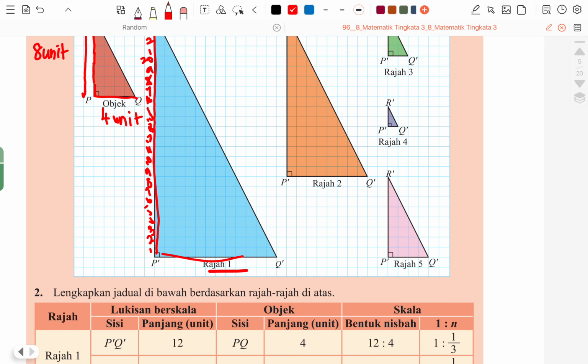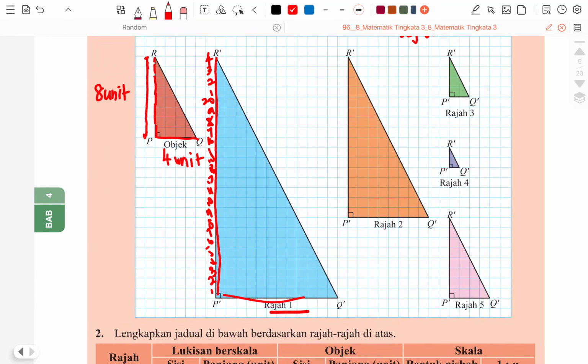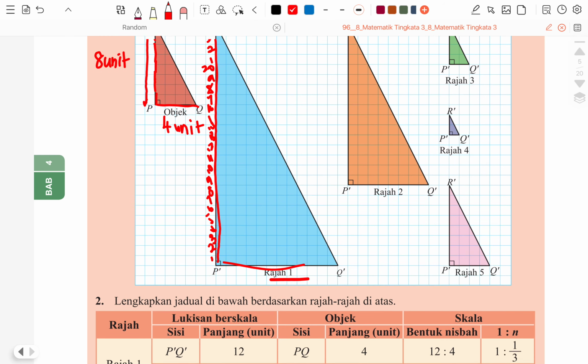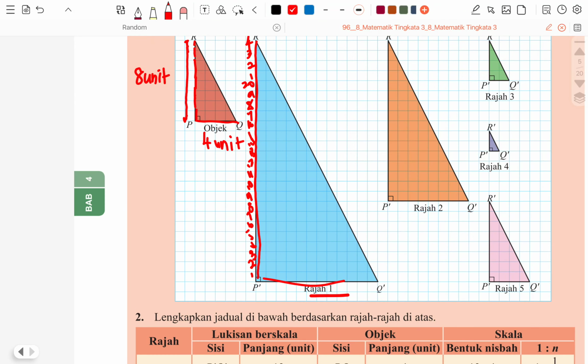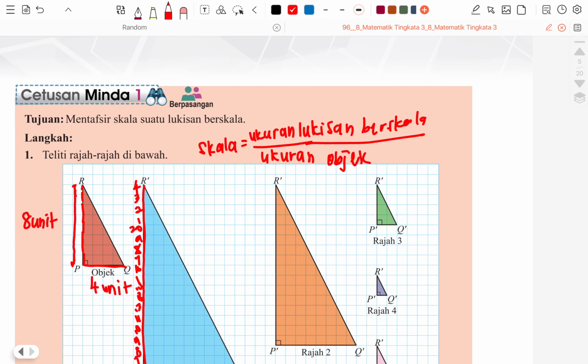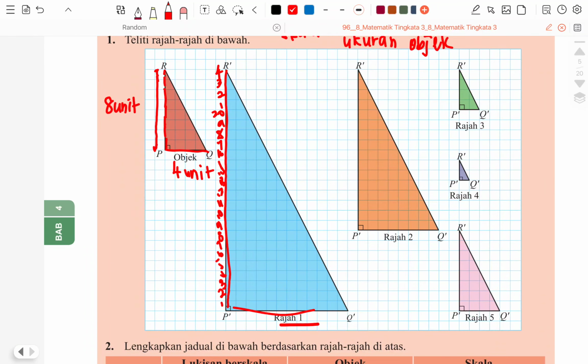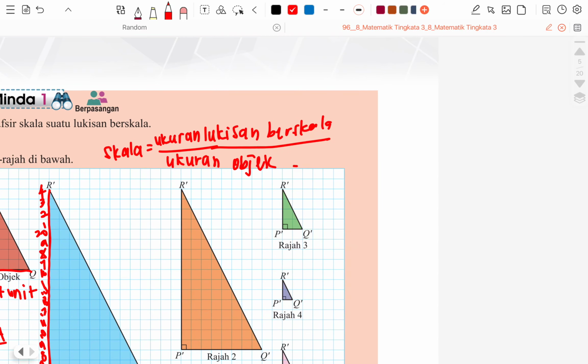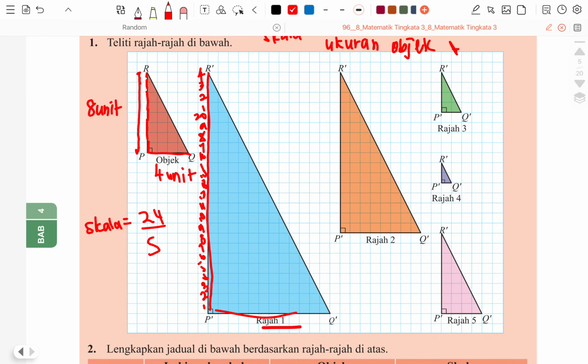But if you want to take length, you take length. Kalau you nak ambil ukuran panjang, you ambil ukuran panjang. Kalau you nak ambil ukuran lebar, you ambil ukuran lebar. So this is the ukuran lukisan berskala, which is 24, and the ukuran objek should be 8 units.